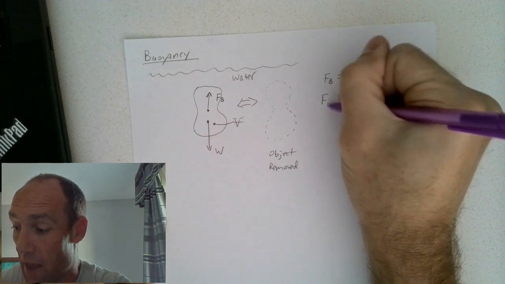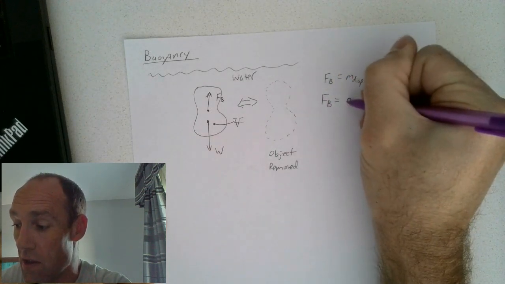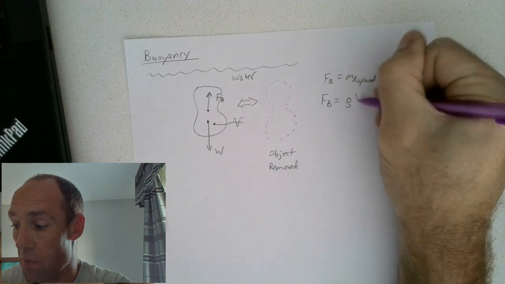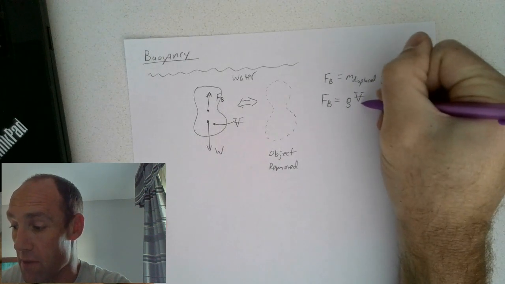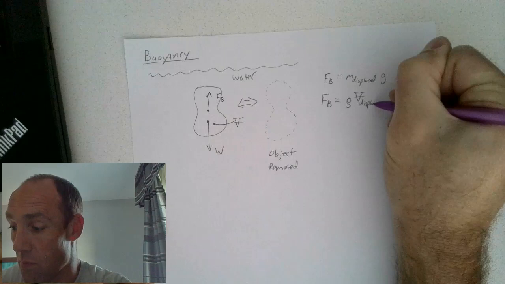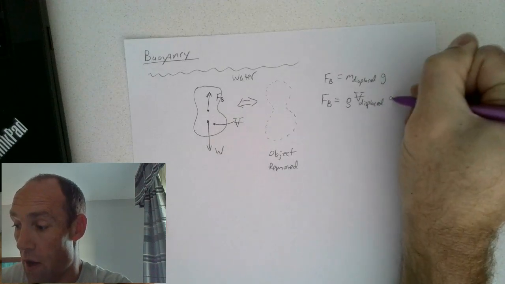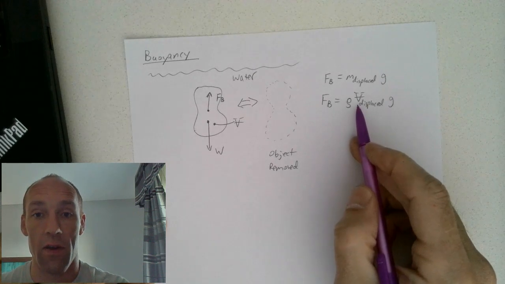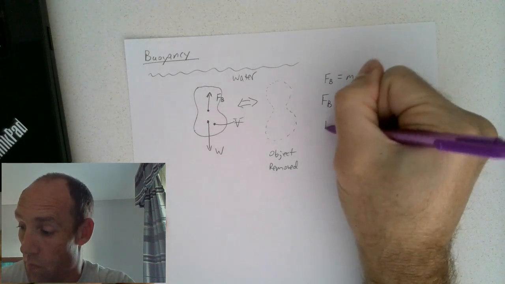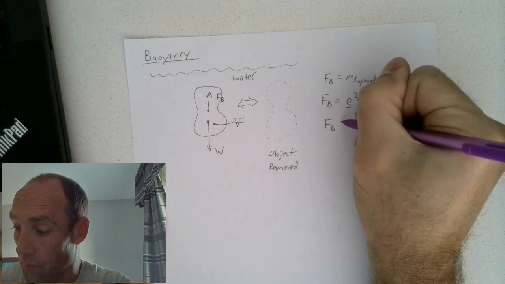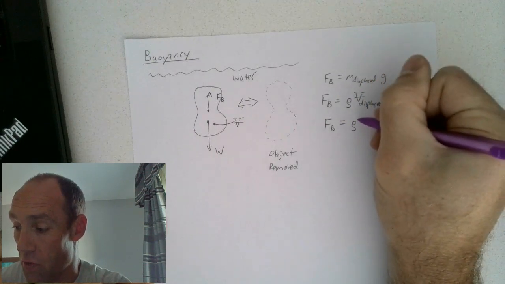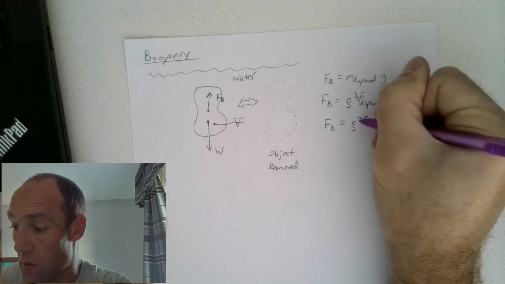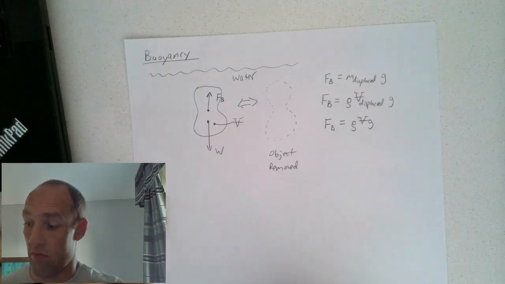Another way of saying that is that the buoyancy force is the density of the fluid times the volume that was displaced times gravity. And you can see the mass is just density times volume, right? So dropping the subscript, buoyancy force is just the density of the fluid times the volume times gravity.